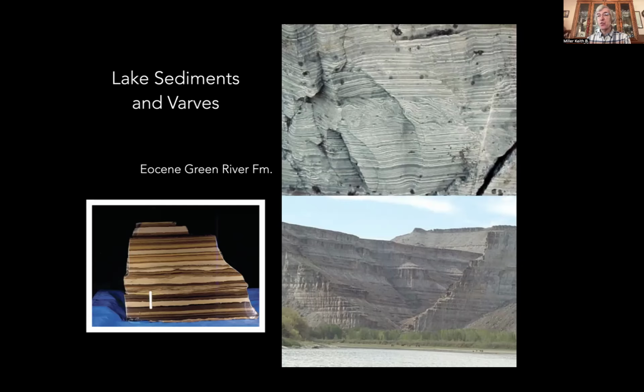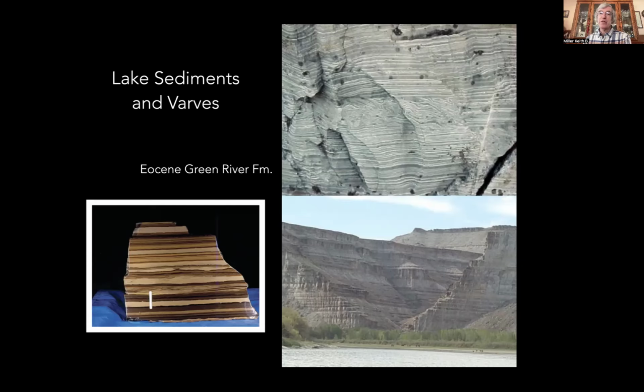You can have varves formed in periglacial environments, so glacial lakes, where you have influx of coarser sediments in the spring melt. And then during the winter, when they're iced over, the fine materials settle out. So you get these coarse, fine gradations.